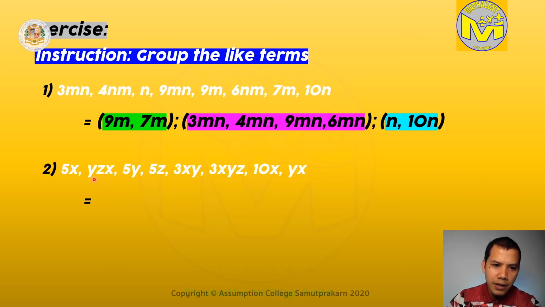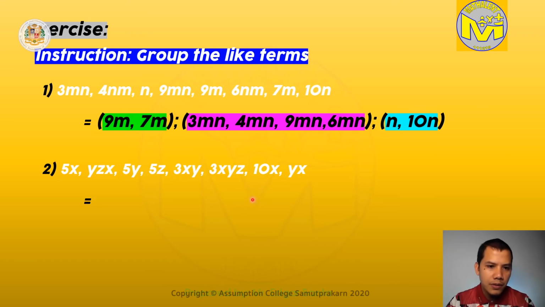What is first? XYZ or XY? Which group is next? Group of XY or XYZ? It is group XY first. So XY first, we have 3XY and YX or XY. So right now inside the bracket we have just 2, 3XY and YX.